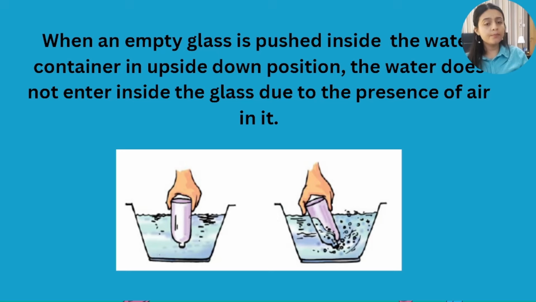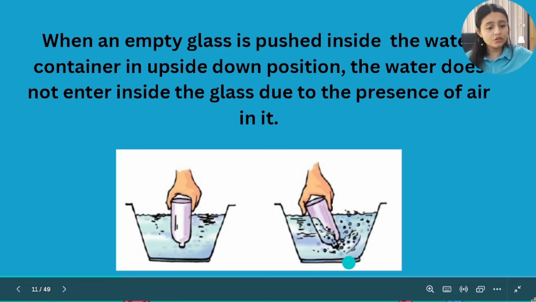When we push this empty glass or empty bottle inside the water, the water will not enter the bottle, and it pushes the bottle to go up. Why does this happen? Similarly, when we tilt the bottle like this, you can see on the screen, the water gets inside the bottle.